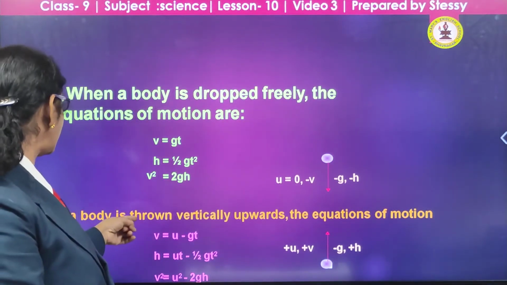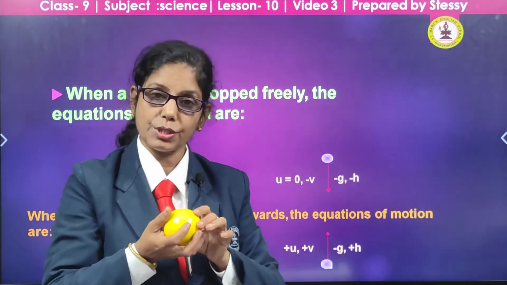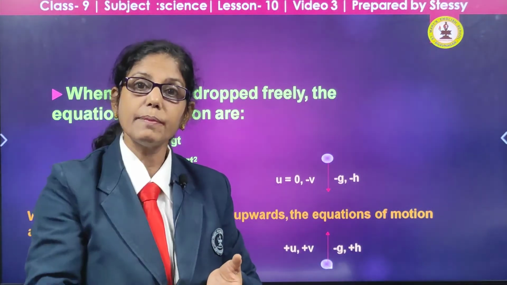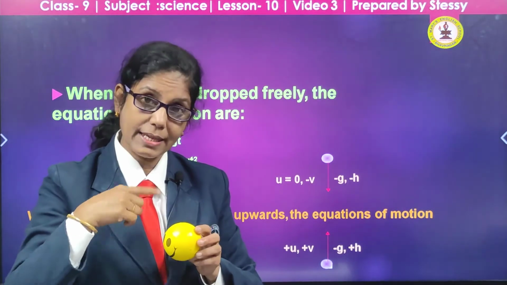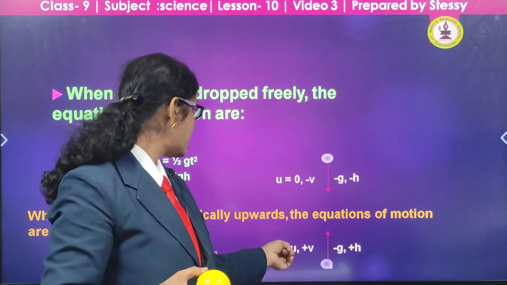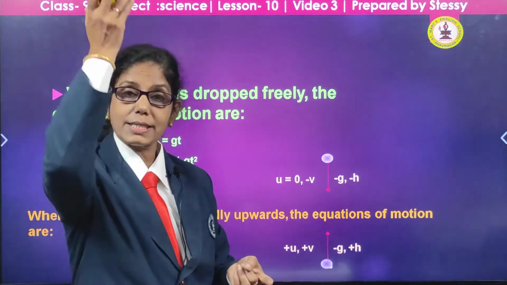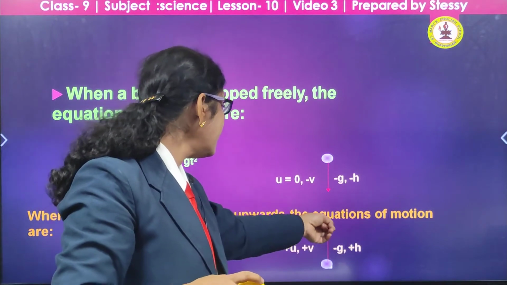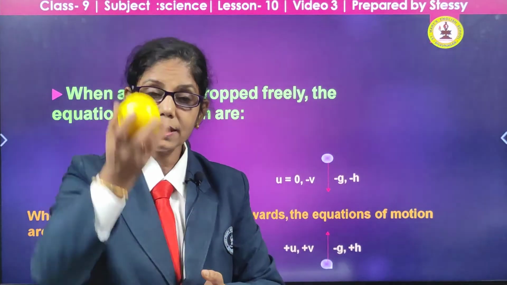Now we come to the third case, thrown vertically upwards, that is the upward motion. When it is upward motion, there is an initial velocity, since I am throwing it upwards. So the initial velocity u is plus, and acceleration will be the acceleration due to gravity, but it is acting against the motion.